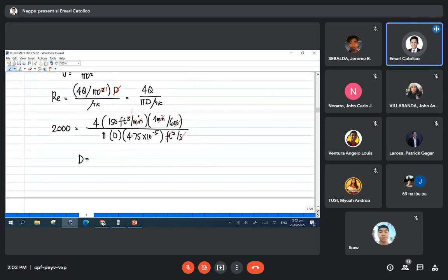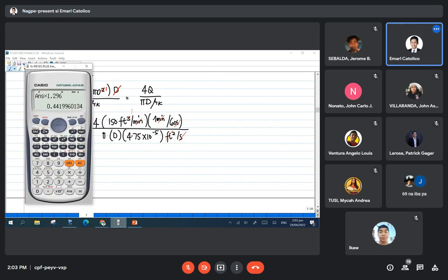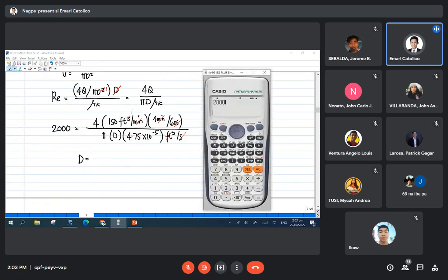So therefore, diameter: 2000 is equal to 4 times 150 over 60 times pi times D times 4.75 times 10 raised to negative 5.